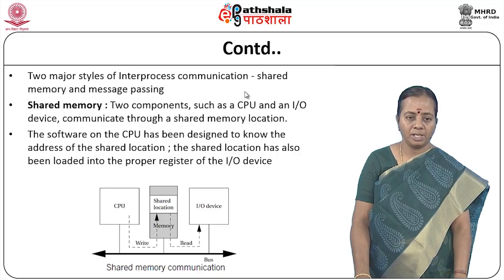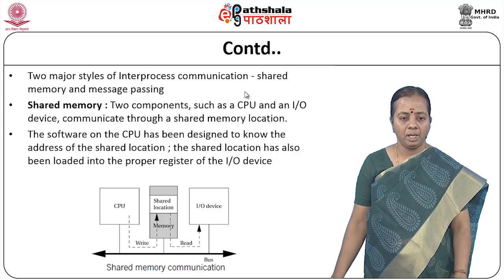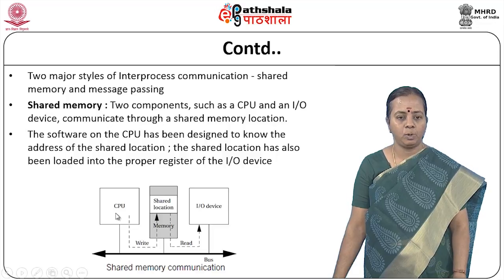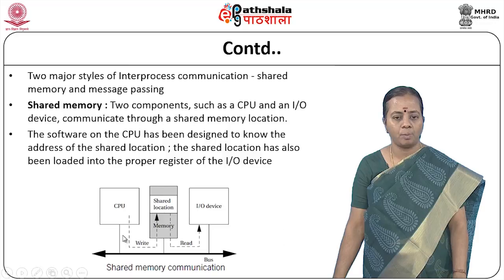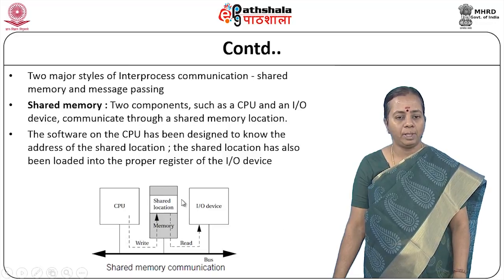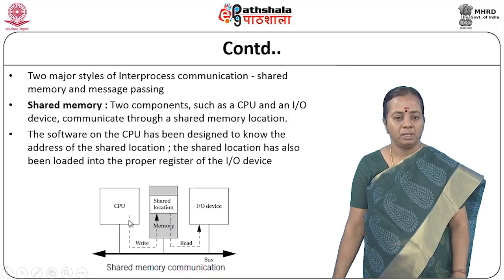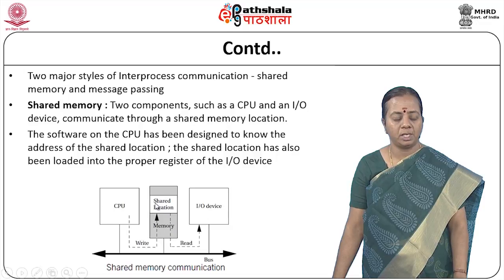In shared memory communication, treat the CPU as one process and the IO device as another process. These two want to communicate with each other. What they do is use a shared memory. When the CPU wants to send data to the IO device, it puts it in this particular memory, and whenever the IO device is free it comes and reads it from there.